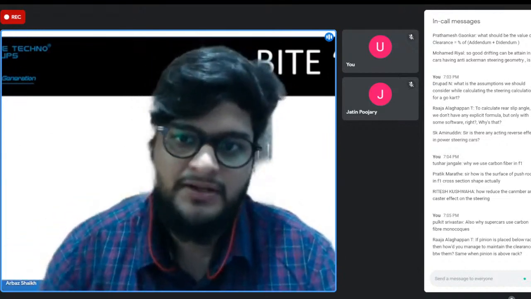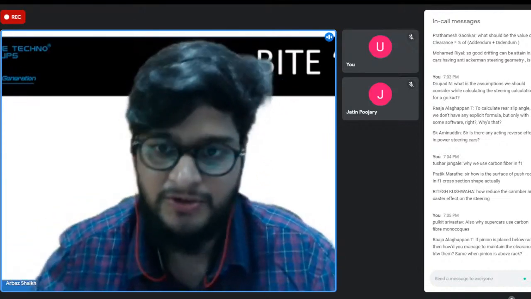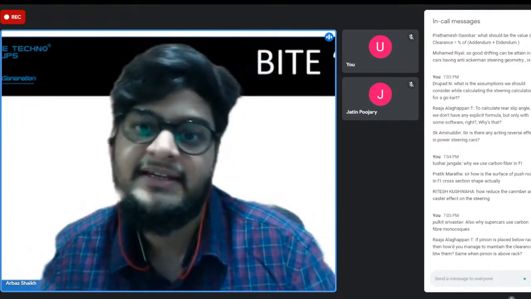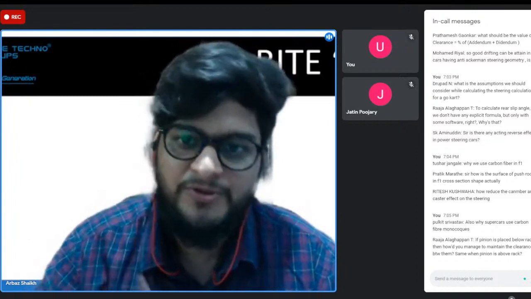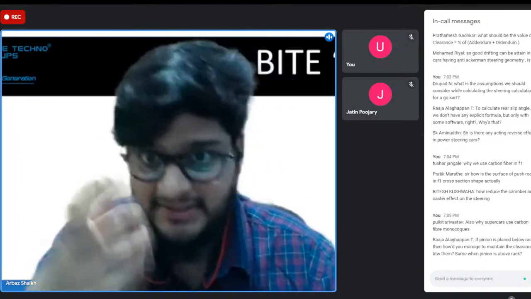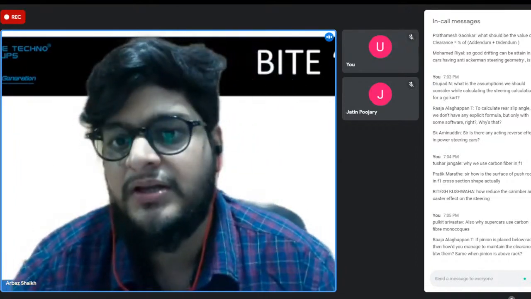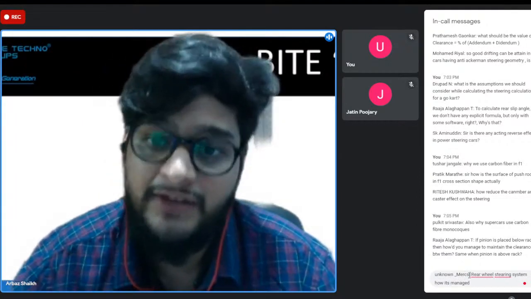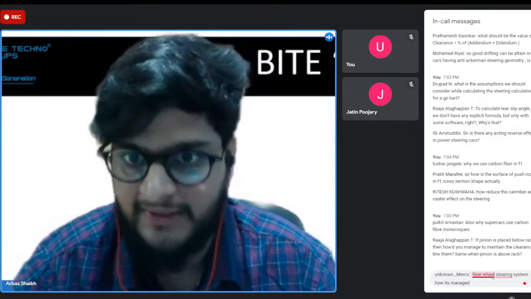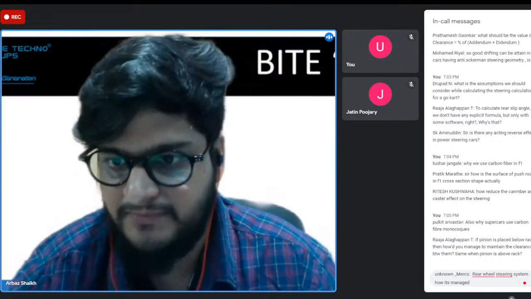You stop falling because the chair or seat you're sitting on applies an equal and opposite force in the direction opposite to gravity. That's how you don't keep falling. Similarly, if there's a centrifugal force and the vehicle is not moving away from the track, there's some other force counteracting it, and that force is called centripetal force.